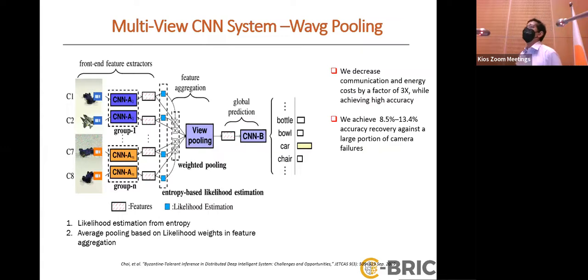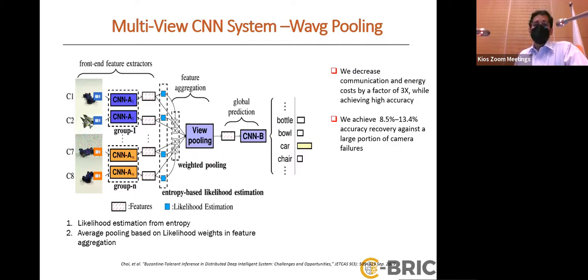So what we tried to do in this case is we have a bunch of cameras looking at different viewpoints. For some of the cameras that are gaining views at a very similar angle, we aggregate those features together.